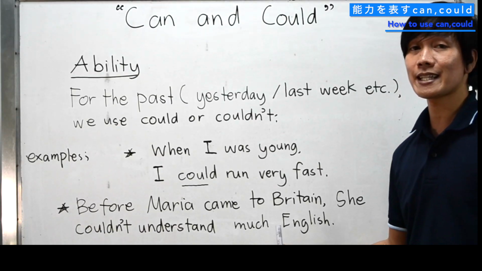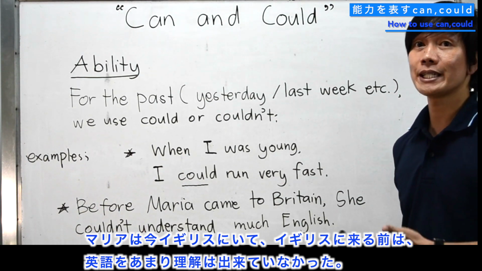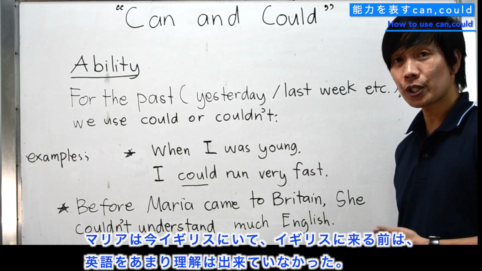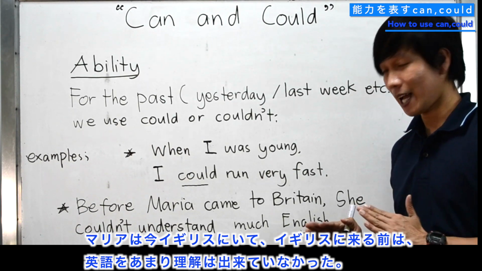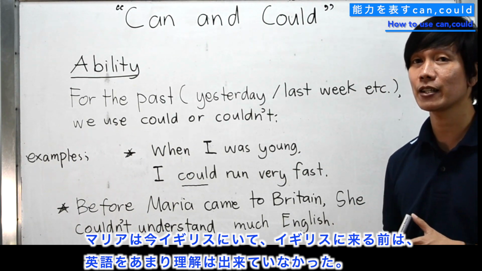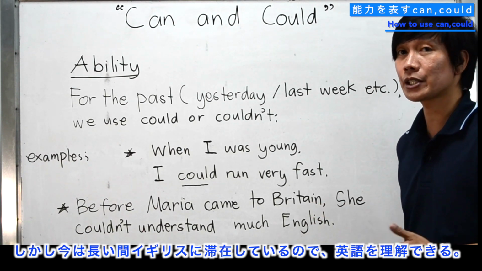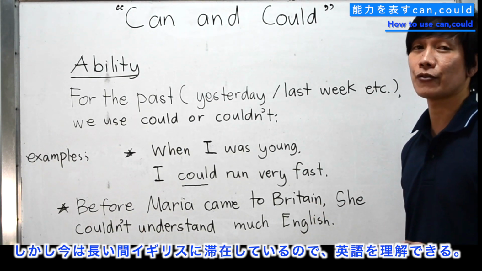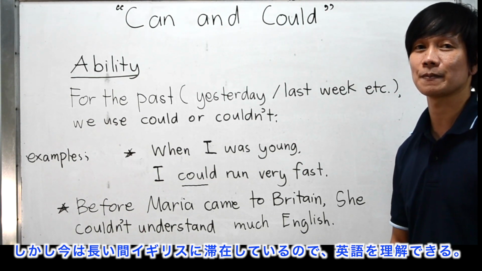So this sentence tells us that Maria is in Britain now. Before she came to Britain, she didn't have any understanding of the English vocabulary. But now that she has been staying in Britain for a long time, she can understand everything.